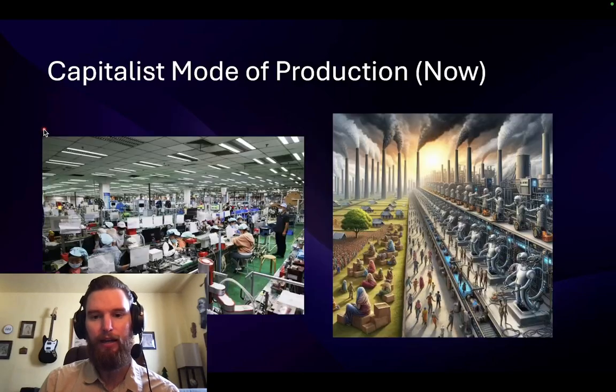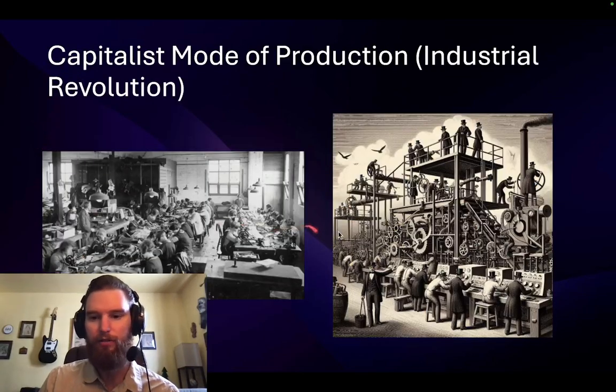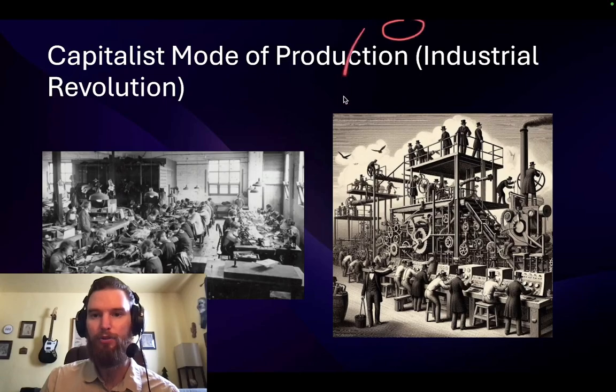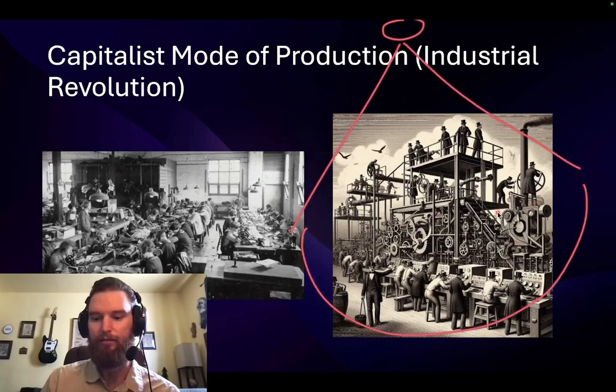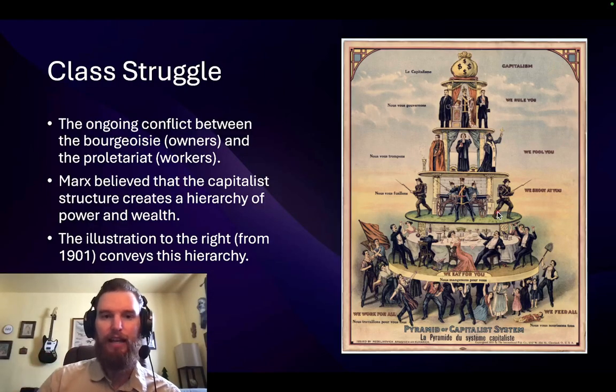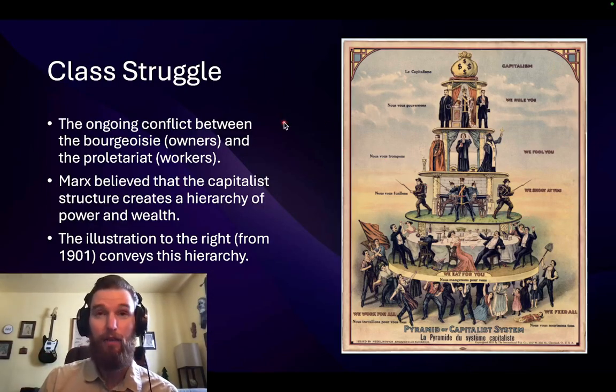So if we look back at these modes of production, the struggle between the people here and the people here, and then there's even probably someone off screen here who actually is the owner of the entire thing, right? And to Marx, that really was an evolving dynamic in society that he felt would lead to a lot of tension. So Marx believed that the capitalist structure creates a hierarchy of power and wealth.